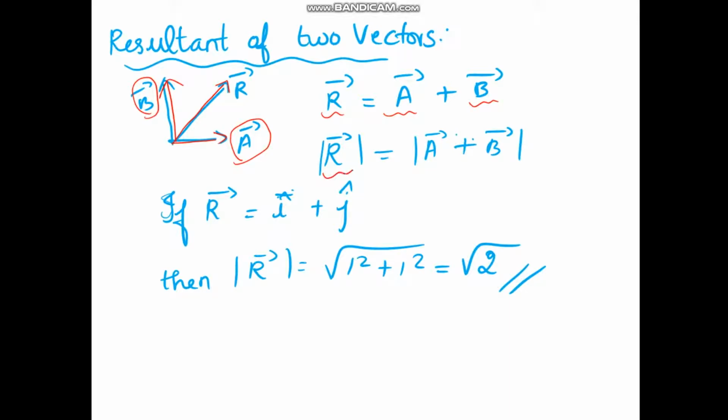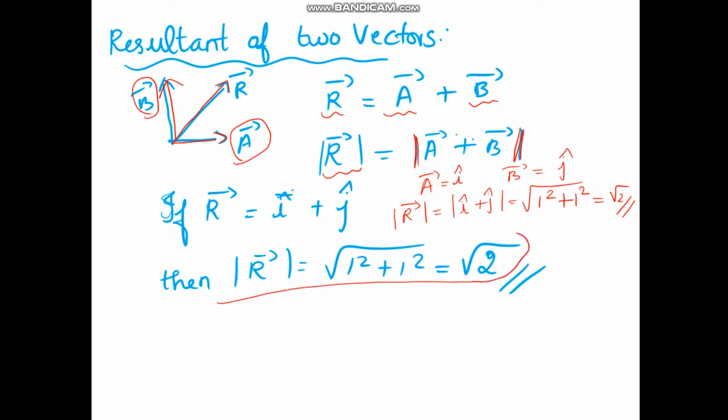How will you find the magnitude of the resultant vector, which is nothing but the magnitude of the sum of both vectors? Suppose a vector is i cap and b vector is j cap, and you are asked to find the resultant, which is nothing but i cap plus j cap. How will you find the magnitude? 1 square plus 1 square, that is root 2. This is the resultant vector.